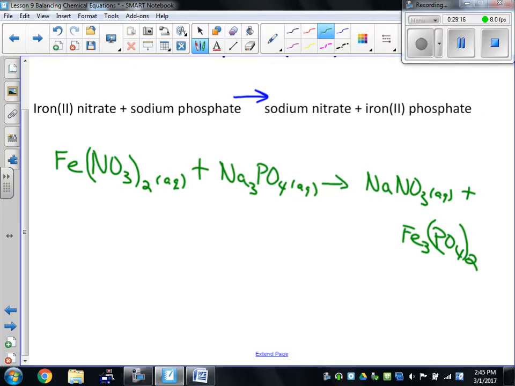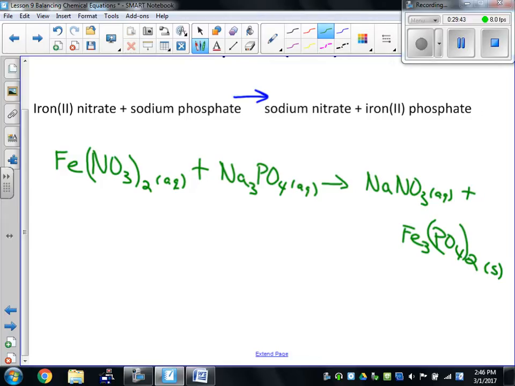So we actually will put an s here, like so. You'll actually get a solid being formed. That's called a precipitate. If you look at phosphate across the top on your solubility chart, and you find iron 2, iron 2 won't be here, it's going to be down in here. So not very soluble.